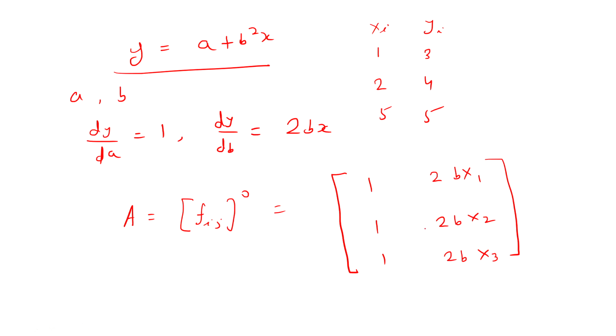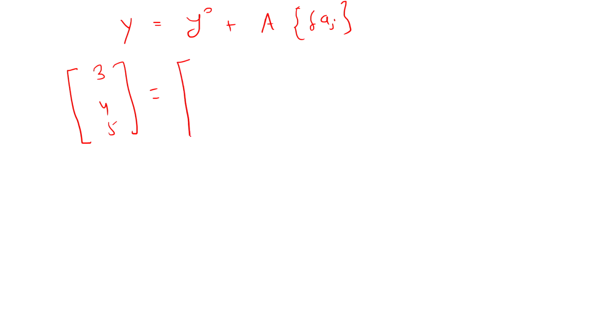Now let us write down that equation. So we have y is equal to y naught plus A times delta aj. Now y is the given value, so we had 3 data points, so y is given as 3, 4, 5, and y naught is the function value at given a. So our function is y is equal to a plus b square x. So we will put a plus b square for x value 1, a plus b square for x value 2, a plus b square for x value 3.